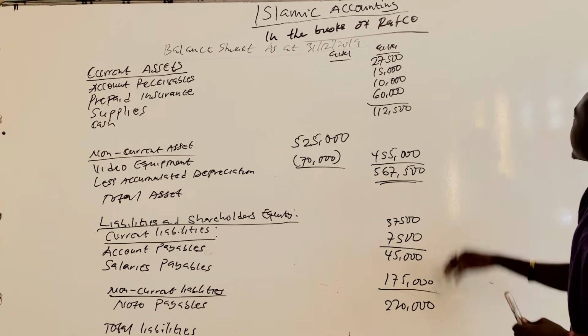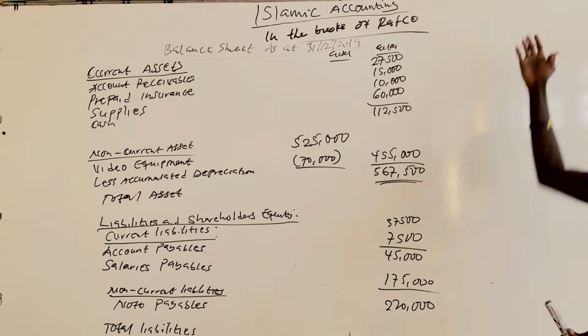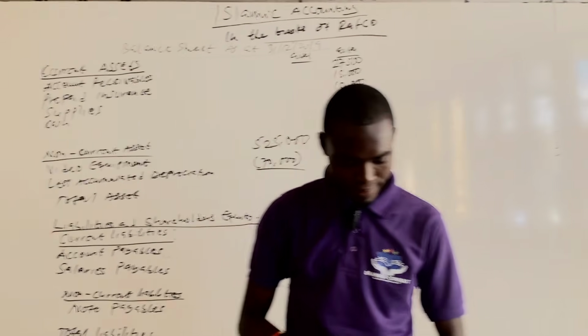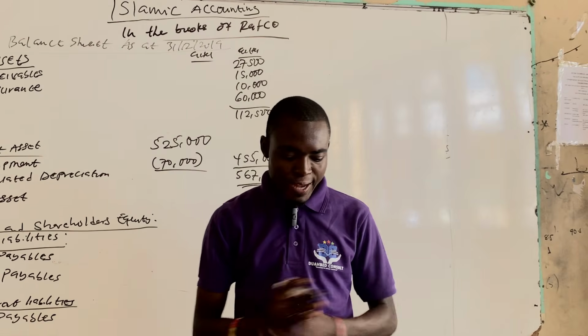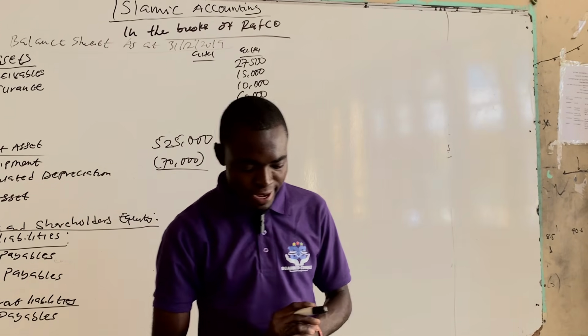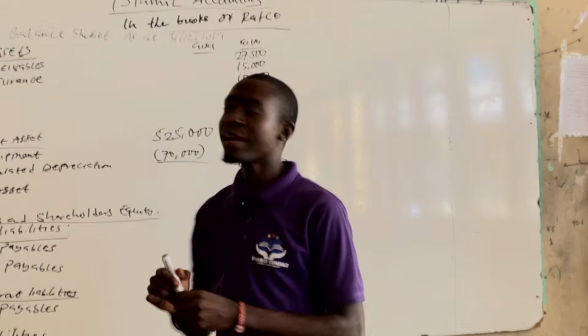Because of space, we continue from this side. We are done with the total liabilities, so we proceed with the shareholders equity.